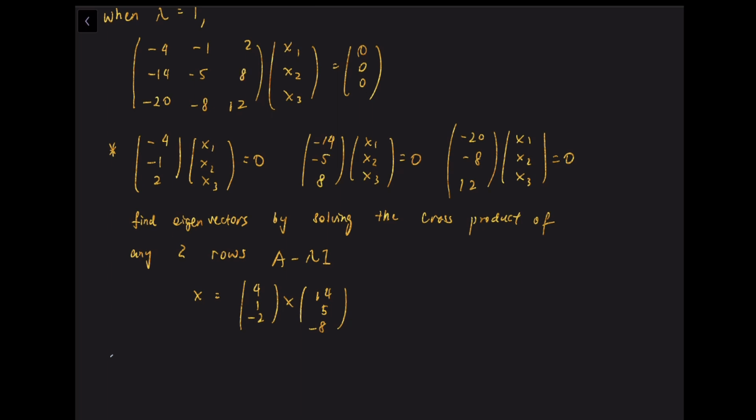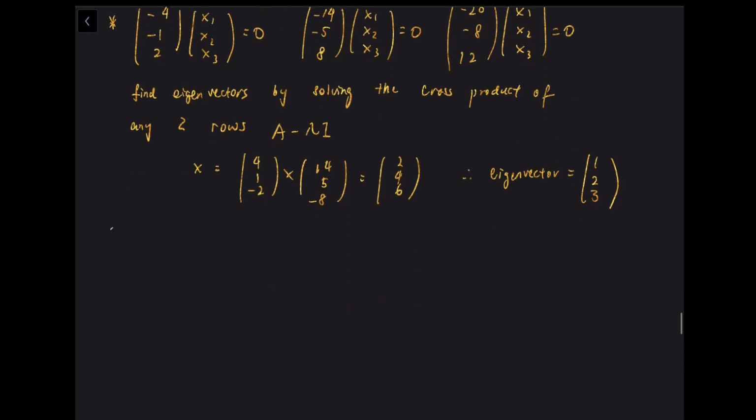Choosing the first two rows gives x1 equals (4, 1, -2) cross product with (14, 5, -8), and we will obtain (2, 4, 6). Simplifying it, our eigenvector is (1, 2, 3).